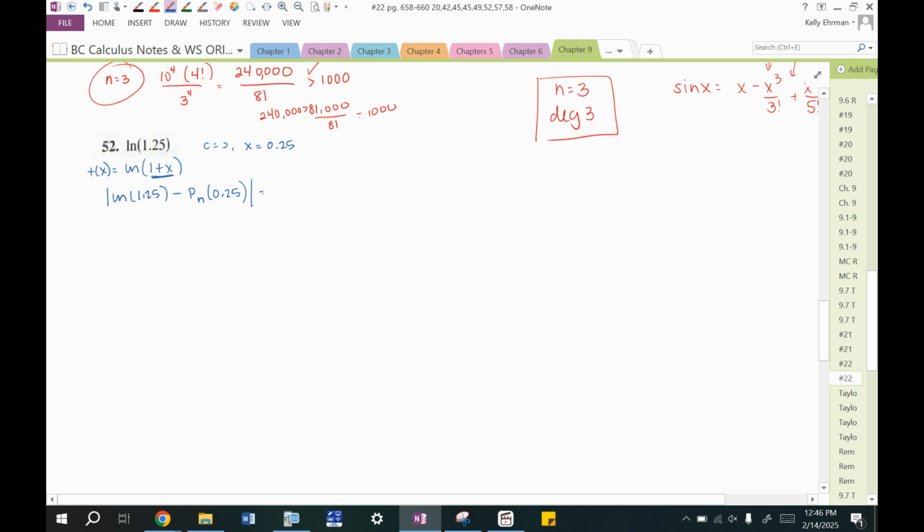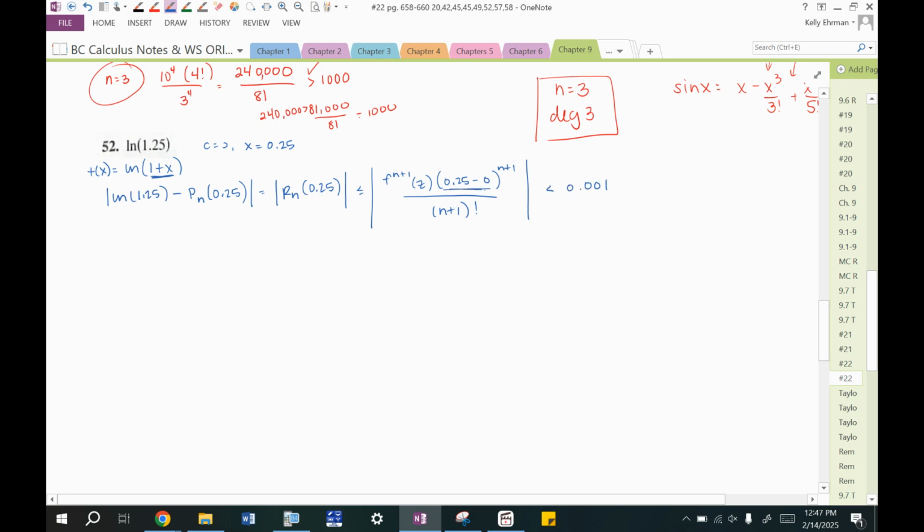So that's equal to the remainder at 0.25, and that's less than or equal to the n plus 1th derivative at some maximum value z times x minus c, so 0.25 minus 0 to the n plus 1 over n plus 1 factorial. That's supposed to stay less than 0.001.